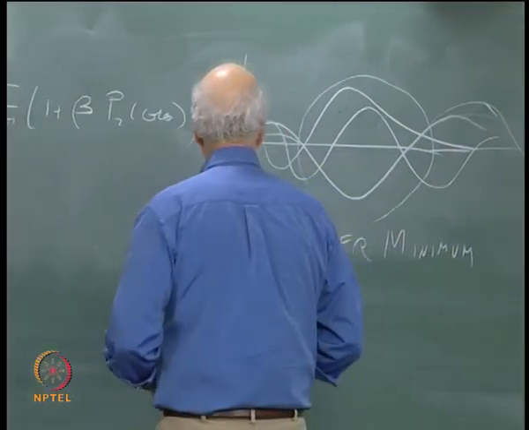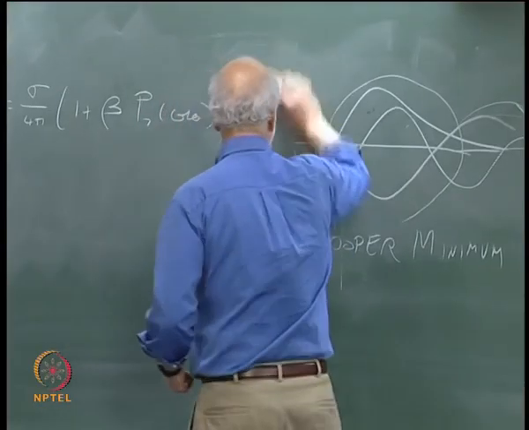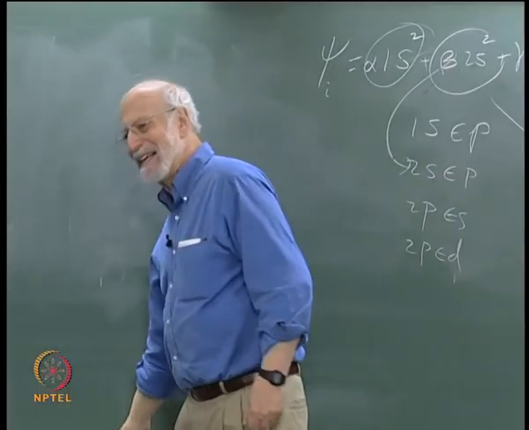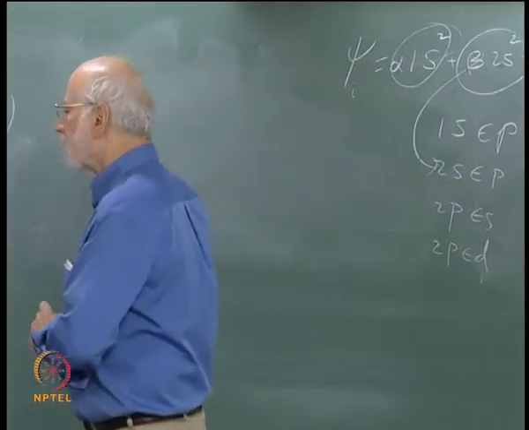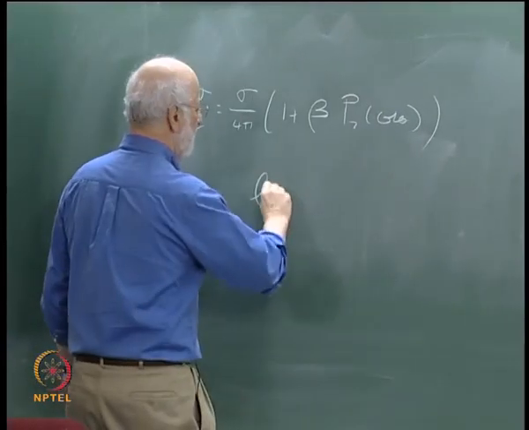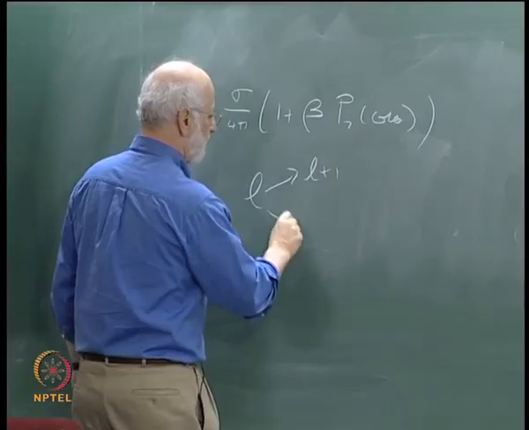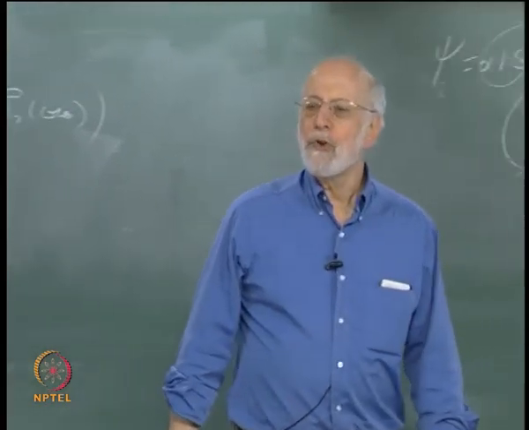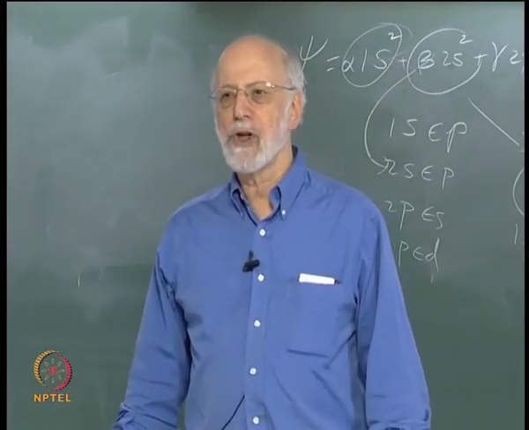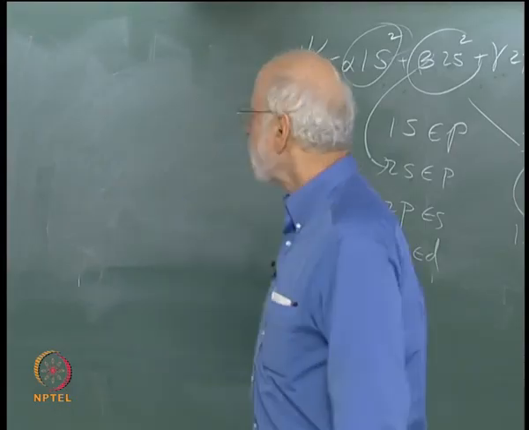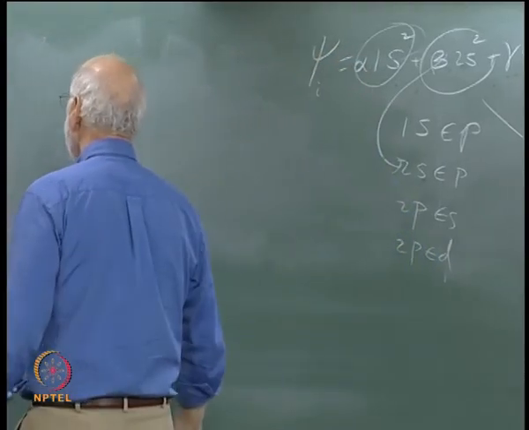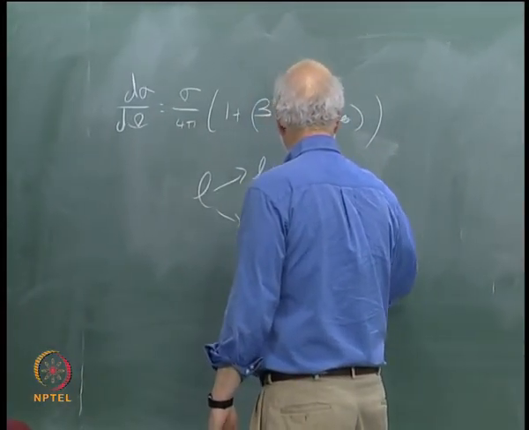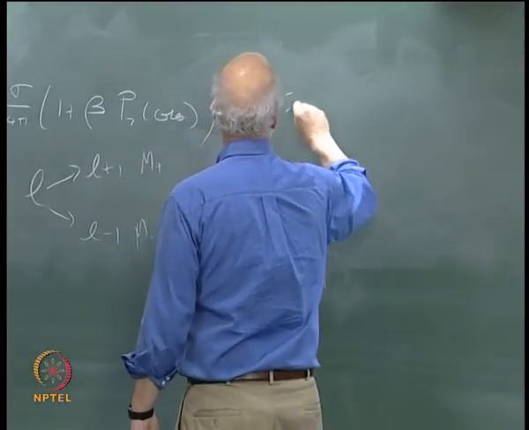Now, the interesting thing about this beta is that, remembering that you get L to L plus 1 and L to L minus 1 transitions, you get interference between these two amplitudes. And so if I call the amplitude for this M plus and the amplitude for this M minus, you get an expression for beta that looks something like this.